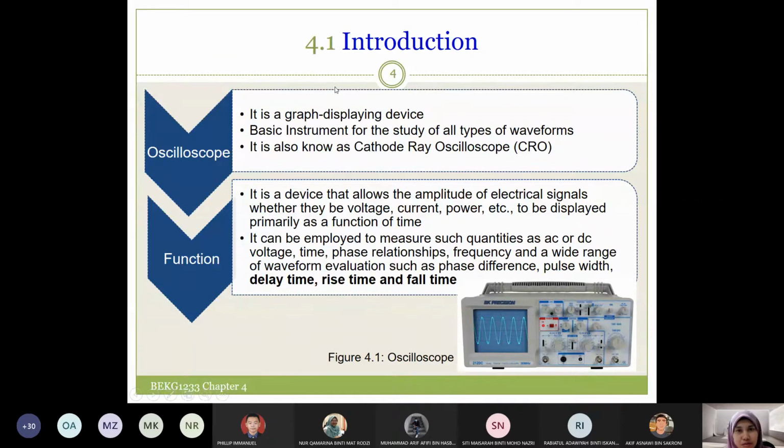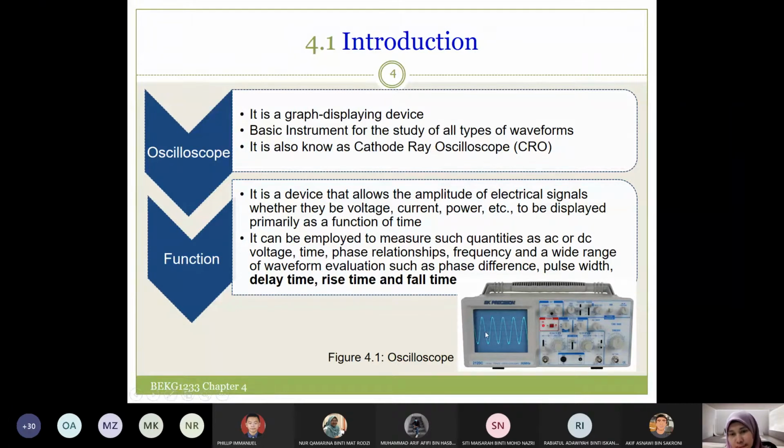Okay. This is oscilloscope. It is a graph displaying device. Basic instrument for the study of all types of waveforms, also known as cathode ray oscilloscope (CRO). It allows the amplitude of electrical signals, whether they be voltage, current, power, and so on, to be displayed primarily as a function of time.